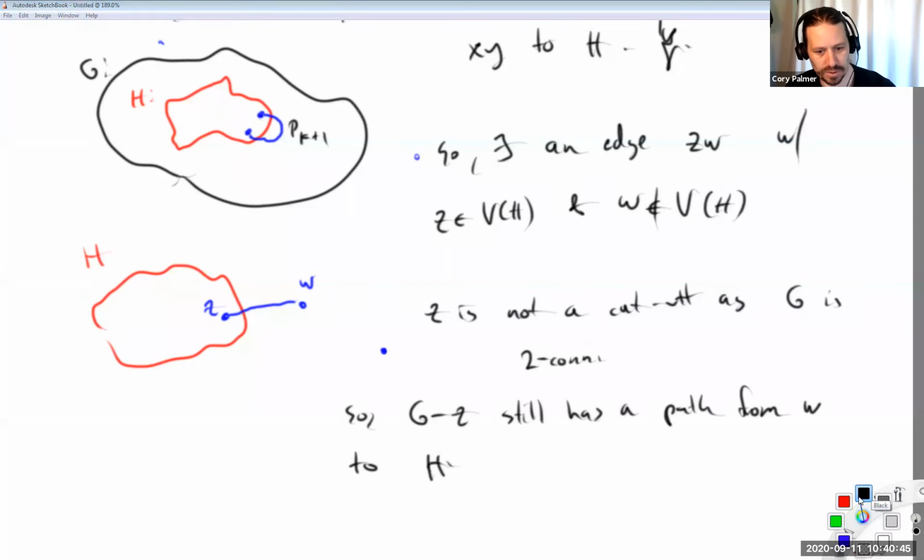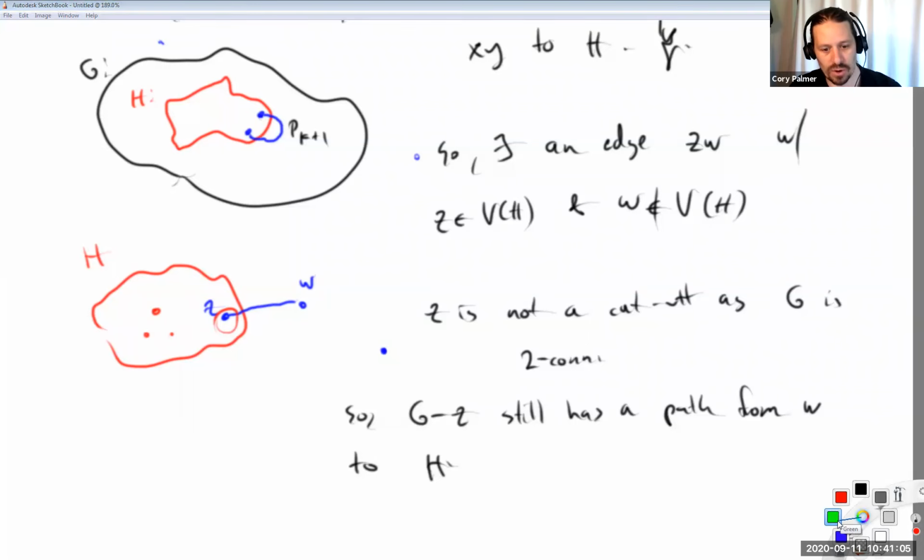Okay, so a couple little observations here. If I remove the vertex Z from the graph, it's still connected. In addition to Z, there must be other vertices in H, because remember, H started out, at the very least, as a cycle. So at the very least, H has 3 vertices in it, no matter what, okay?